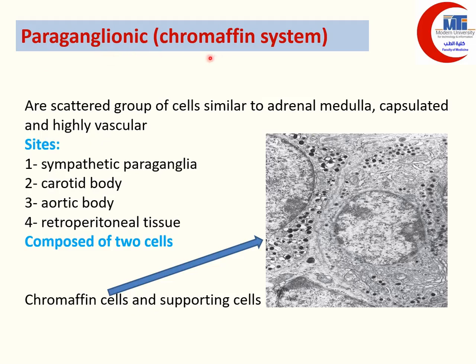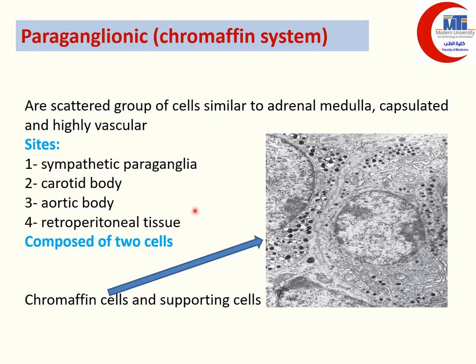Paraganglionic or chromaffin system. These systems are scattered groups of cells similar to that of the adrenal medulla. As we studied before, the adrenal medulla is formed of chromaffin cells and ganglion cells. So this system is also a group of cells present at different sites in the body but similar in structure to the adrenal medulla.